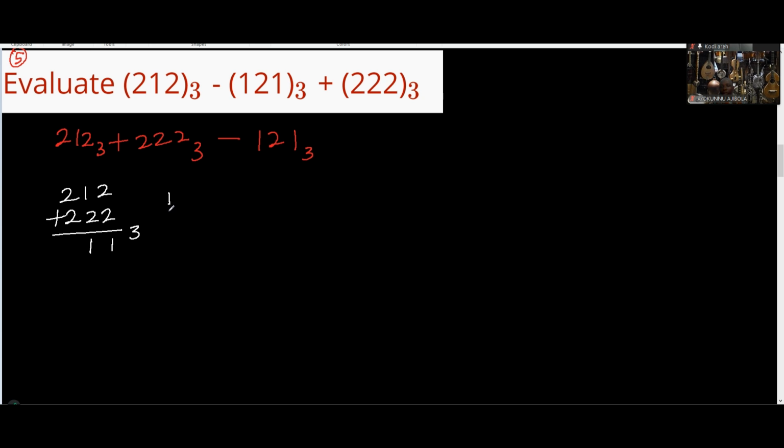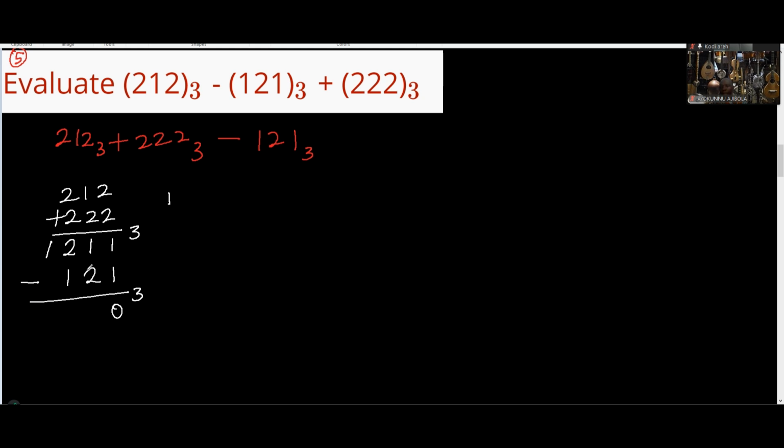That's 1, remainder 2. Then I bring down the final 1. That means this is 1, 2, 1, 1. Then I can subtract this one from it. So I'll say 1, 2, 1, 1 minus 1, 2, 1 base 3. So 1 minus 1 is 0.